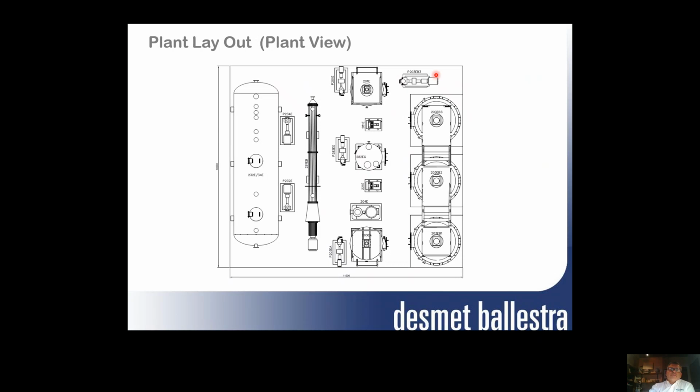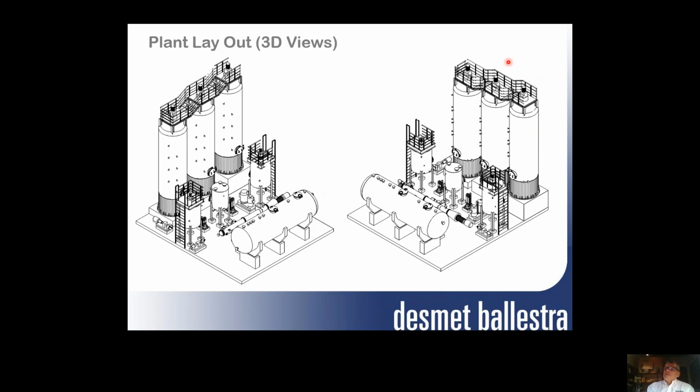This is a plant view, a 3D model of a plant with a capacity of 3,500 tons per day. It's about 11 by 11 meters footprint, and this is a 3D view with reactors.